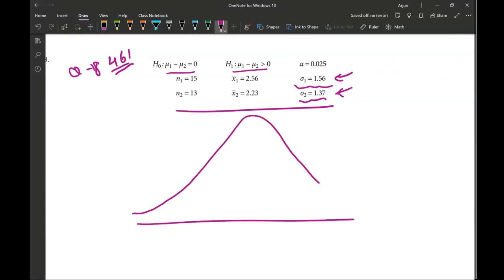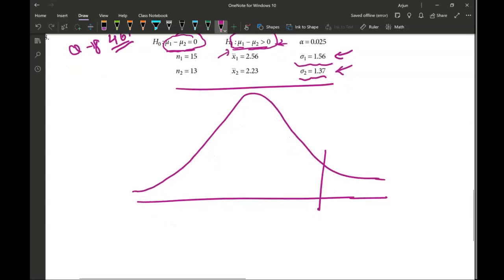So I will draw the normal distribution graph, and now I will look at the hypothesis. This is mean 1 minus mean 2 is equal to 0, and here it is written as mean 1 minus mean 2 greater than 0. So it will be a right tail because it is greater than 0, at the 0.05 level of significance.